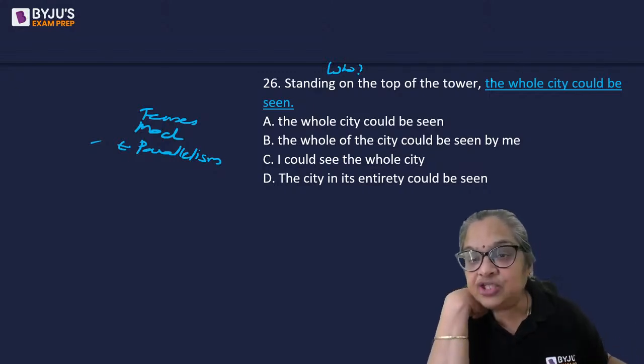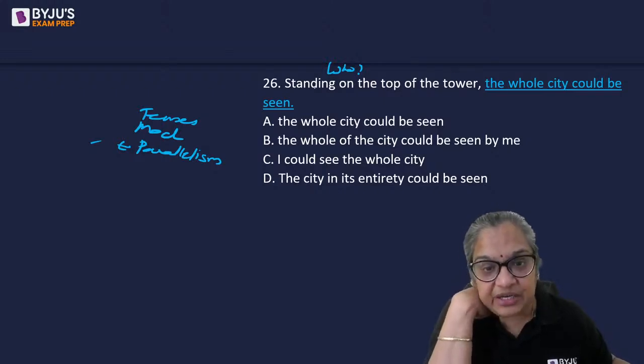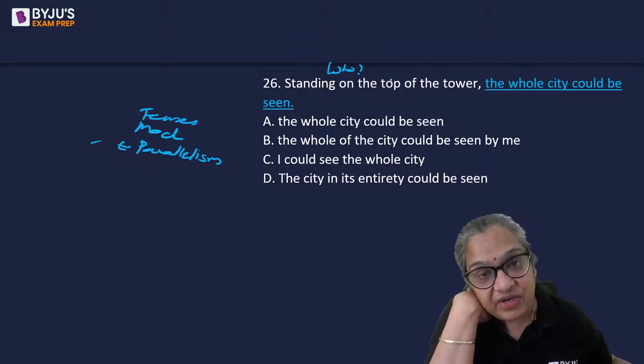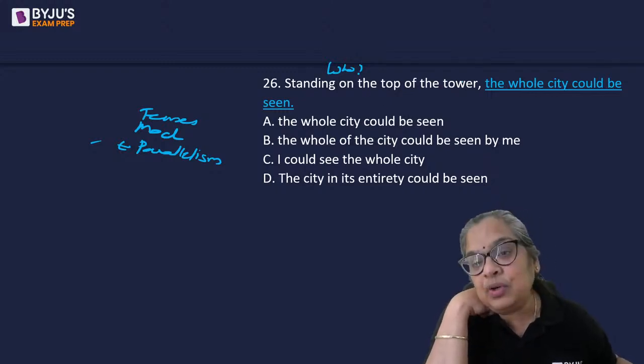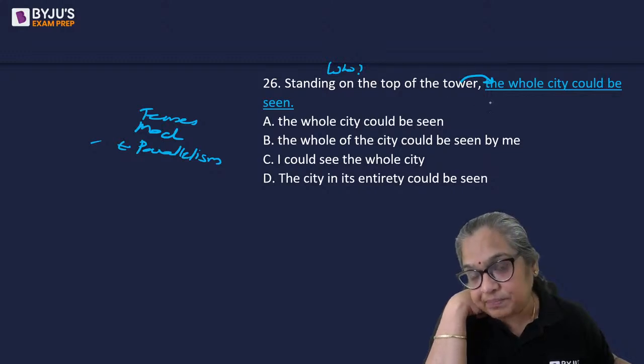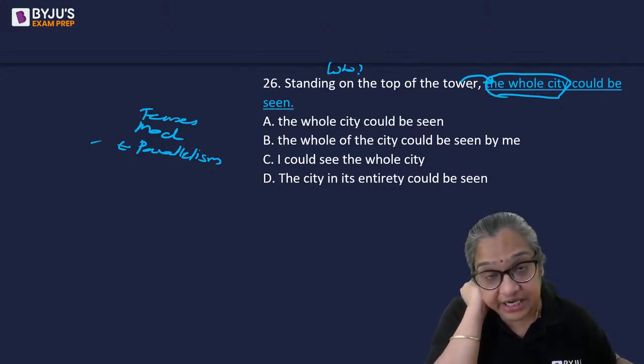The whole city is not standing. Standing on the top of the tower is a dangling modifier. It's a phrase. It doesn't have a subject. It's not telling us who, so the whole city becomes the subject, because you can't have a sentence without a subject. And you know that the whole city was not standing on top of the tower.